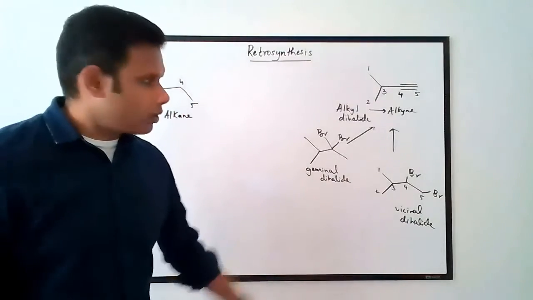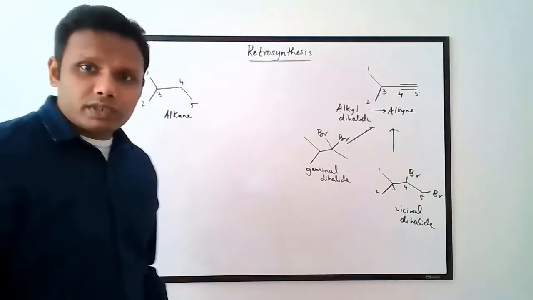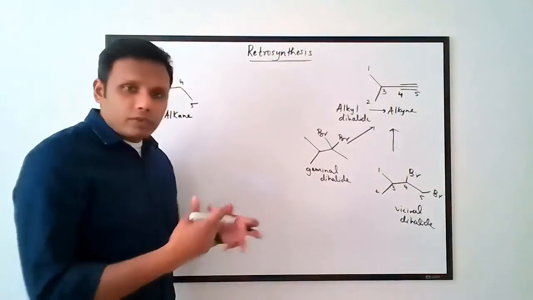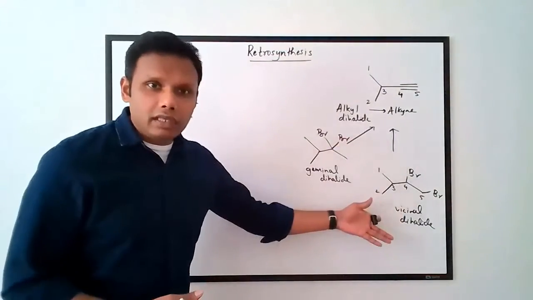So we could have vicinal or geminal dihalides. So which one is the right one? And the answer is we don't know. And so we have to think about, okay, how do we make these now?